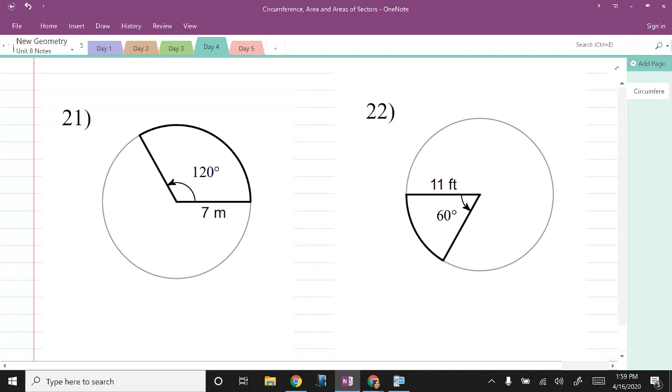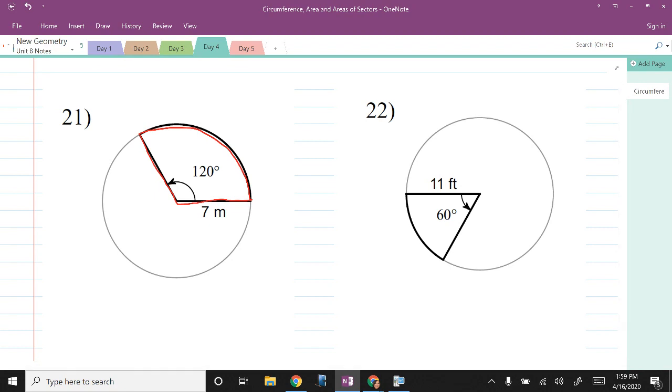So we just want to find the areas of the sector. Now, if you look real close, you can tell that the area that they want you to find is bolder. Okay, so you're going to find the area of the bolded sector. All right. So it's really nice. It gave me the radius and it gave me the angle measure, which we know the angle measure is the same as the arc measure because it's coming from a central angle.